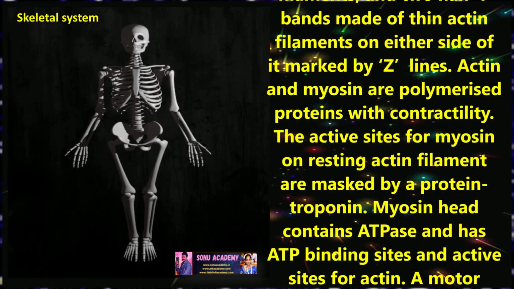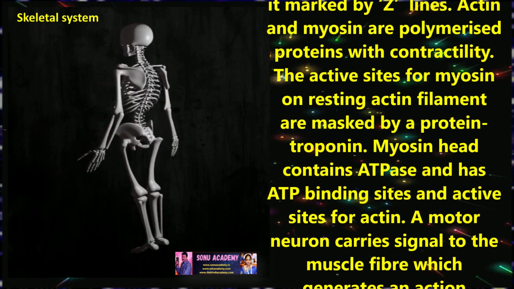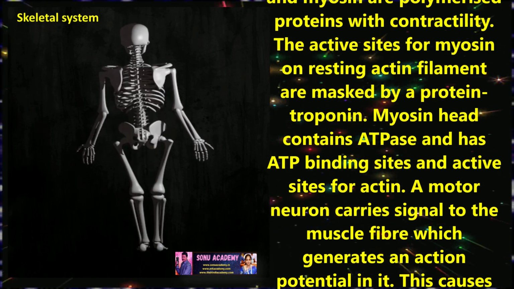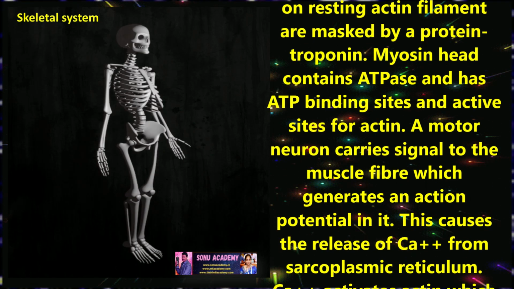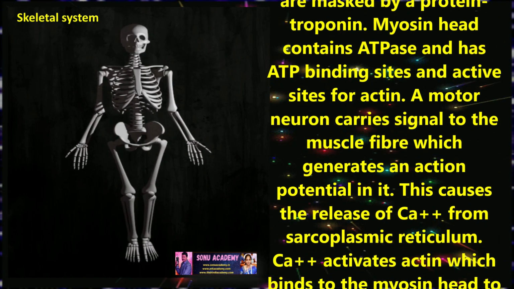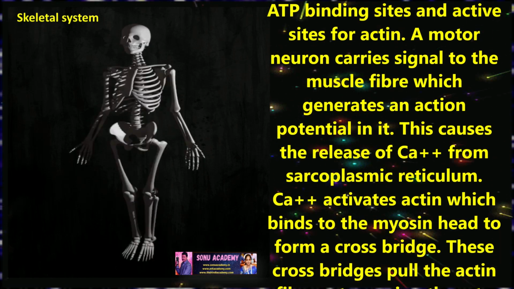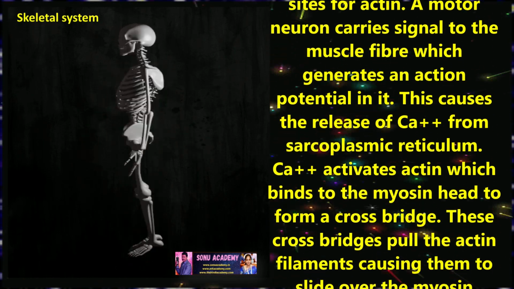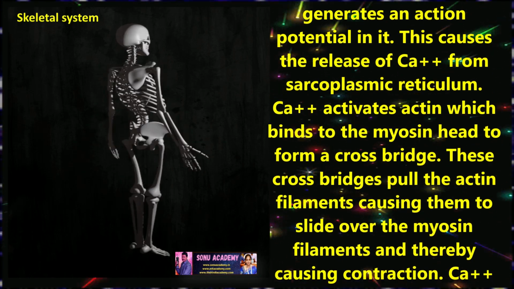The active sites for myosin on resting actin filaments are masked by a protein, troponin. The myosin head contains ATPase and has ATP binding sites and active sites for actin. A motor neuron carries a signal to the muscle fiber, which generates an action potential in it. This causes the release of Ca++ from the sarcoplasmic reticulum.